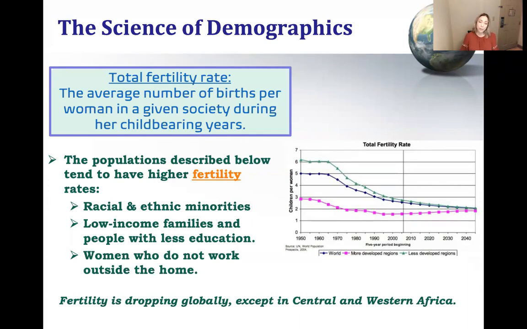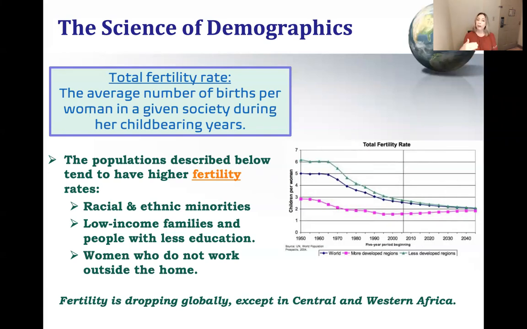So there are populations within different countries where the fertility rate, well, it's dropping, but it's higher than, say, other groups. So let me state that again. There are groups in a given society, like a country, that have a higher fertility rate than other groups.